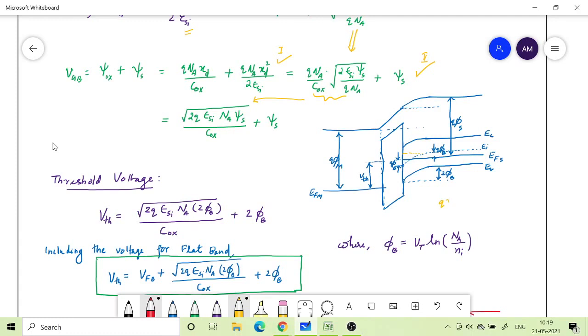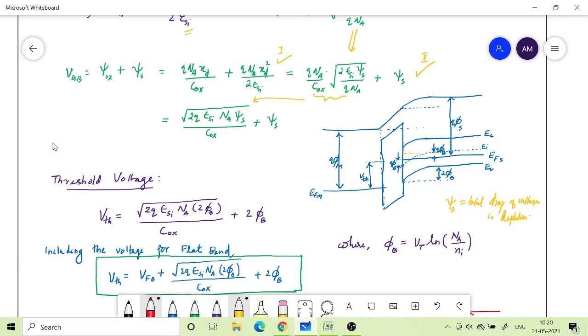So q times psi s is basically the total drop, or psi s, I don't need to put q there. If I am talking about voltage, it will be the total drop of voltage in the semiconductor, or the depletion region.